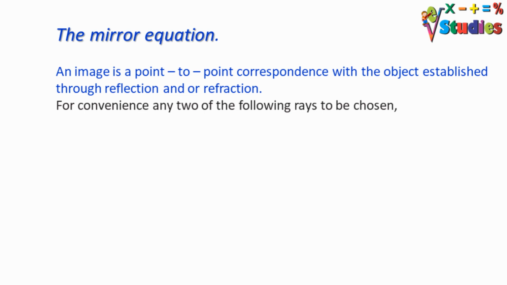As we know, from an object there would be millions of rays emanating at a time, but just for convenience we are choosing any 2 rays out of the 4 rays given here, just to understand the principle, and in order to trace their path and find their point of intersection and thus obtain the image.